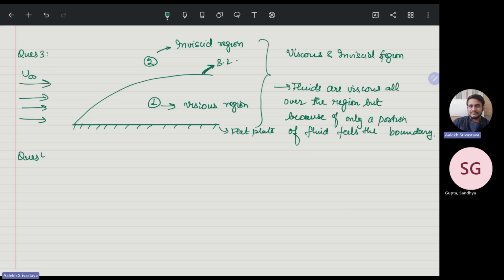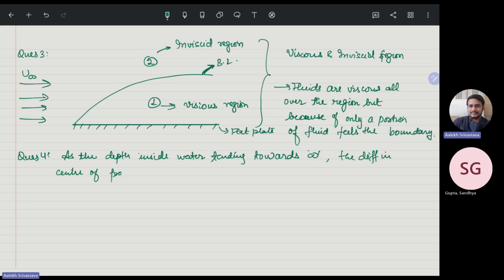Now the next question is, it says as the depth inside water tending towards infinity, the difference in center of pressure and center of gravity of a rectangular panel 2 into 1 centimeter square tends to.